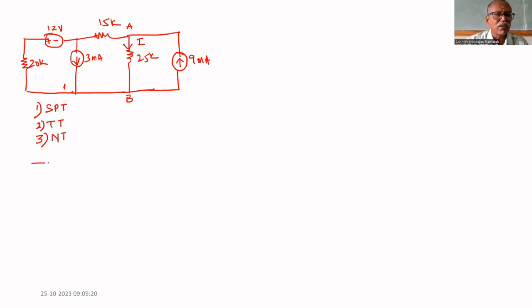If you consider the 12 volt first, the circuit can be redrawn like this, 20K. If it is a voltage source, we have to short circuit it. If it is a current source, we have to open it. So we have to open this current source.